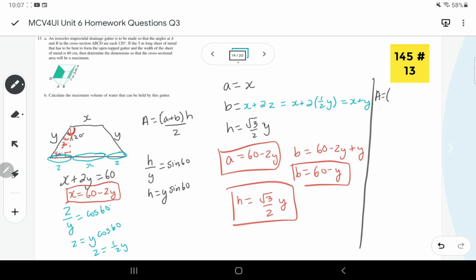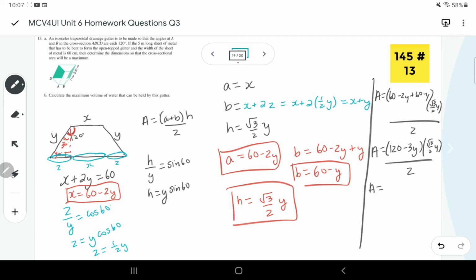So the area is 60 minus 2y plus 60 minus y times the height, which is root 3 over 2y, over 2. I won't have space to finish this, but it's 120 minus 3y, root 3 over 2y over 2.